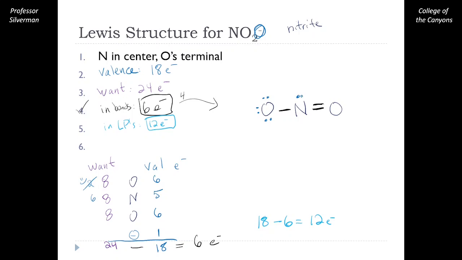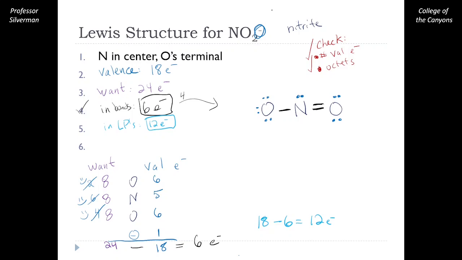Let's add some lone pairs until we get up to 8. This oxygen on the right would like to have 8 electrons. Right now it only has 4. So let's keep adding 5, 6, 7, 8. To check, we can count up, do we have the right number of total valence electrons? Do we have an octet on every single atom? The answer here is yes and yes.